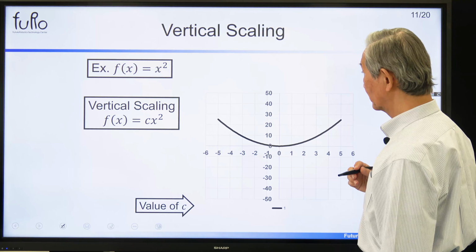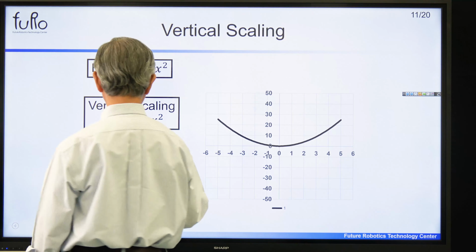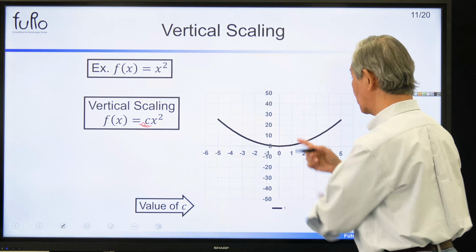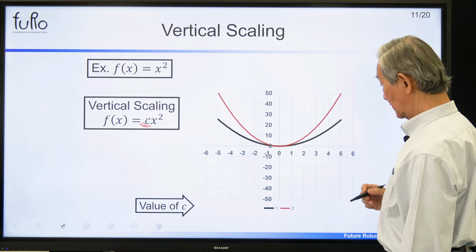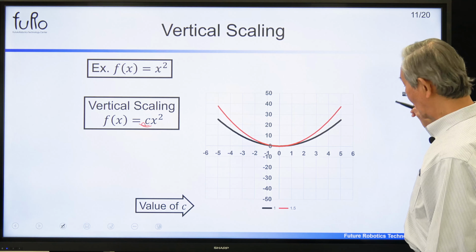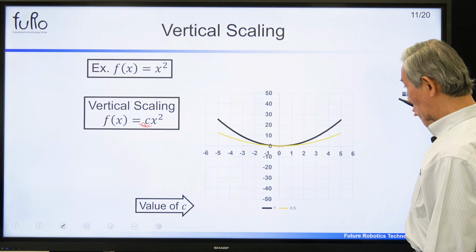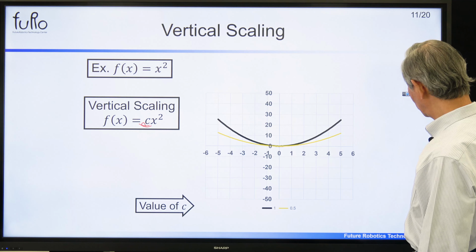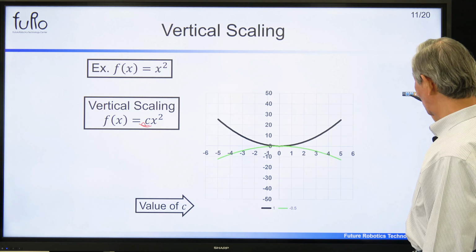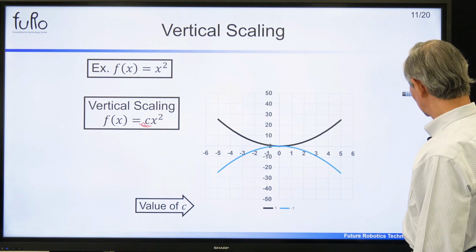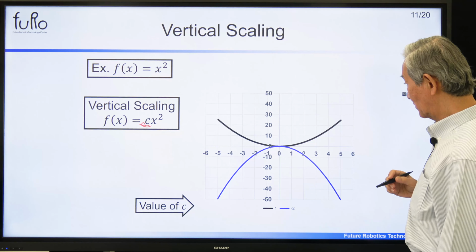Okay? The next one is vertical scaling. So we multiply, see here. This is the original. Then, if c is equal to 2, it looks like that. And 1.5, 4.5. Okay, this is negative 0.5, negative 1, negative 2.